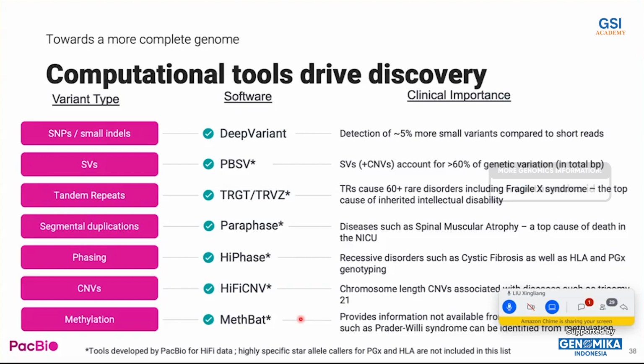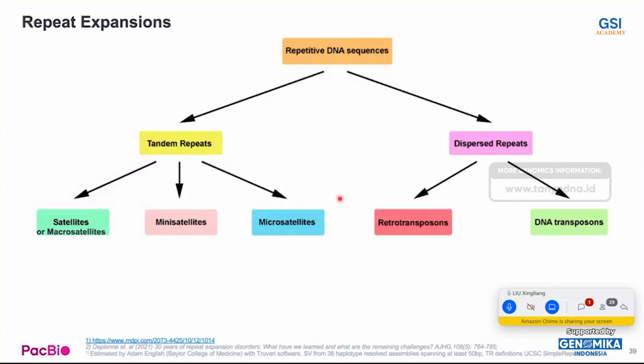And we can also utilize the native 5mC methylation information that comes along with the HiFi sequencing to find rare differentially methylated regions in cohort analysis, which is quite common in cancer and in rare inherited disease.